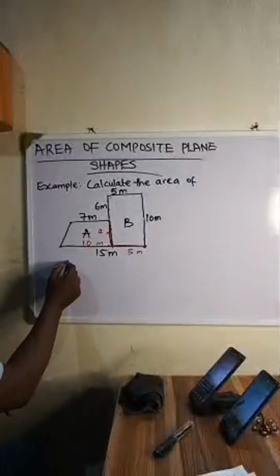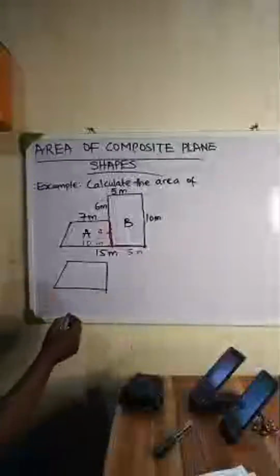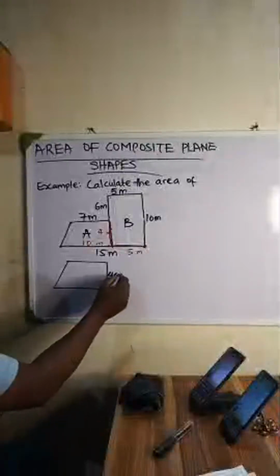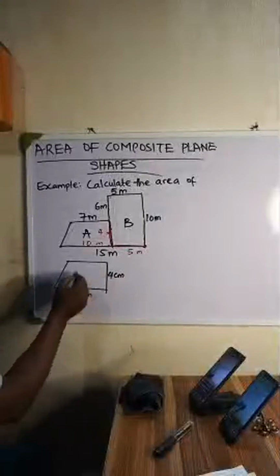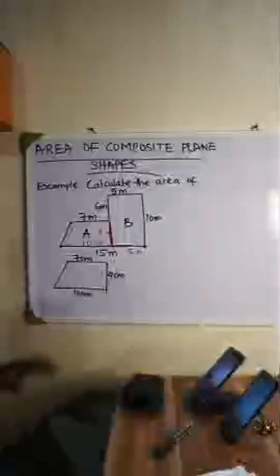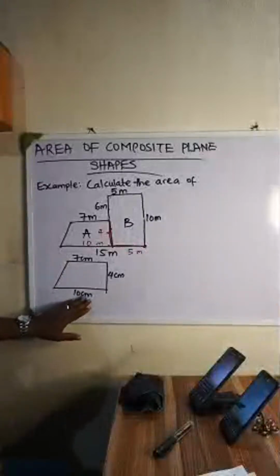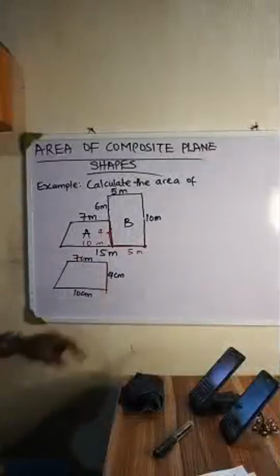Okay, so let's look at this trapezium. Let's draw it out. This trapezium looks like this: 4, 10, 7, and the height is 4.